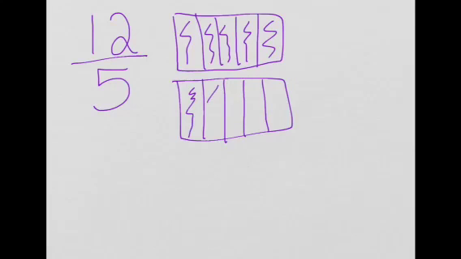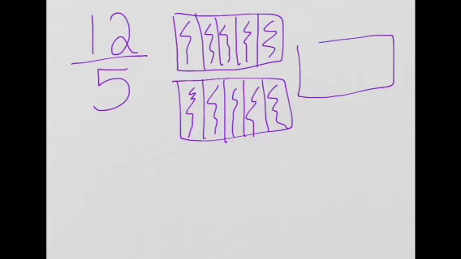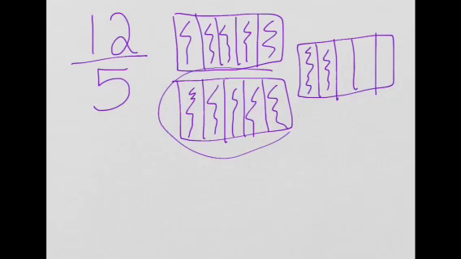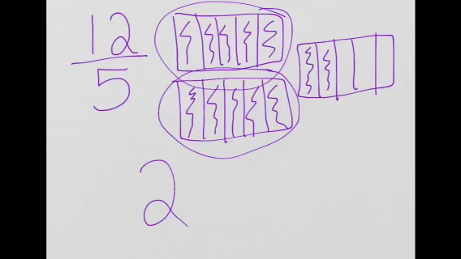So this is 6, 7, 8, 9, and 10. But we need 12. So we'll do another one. Split it into fifths. So far we had 10. We need 12, so this is 11 and 12. So we have 2 whole ones colored in, and then we have 2/5 left over.